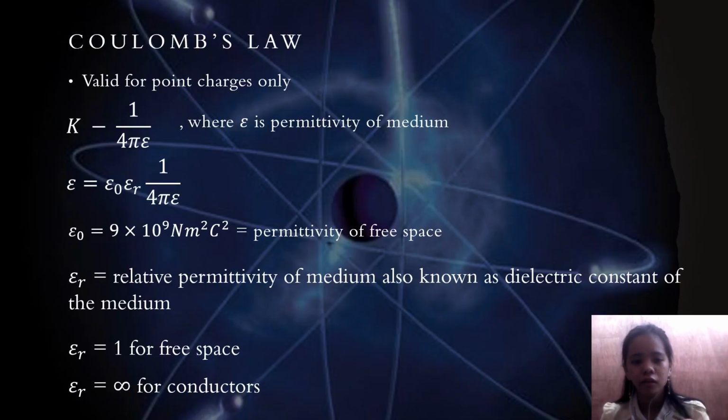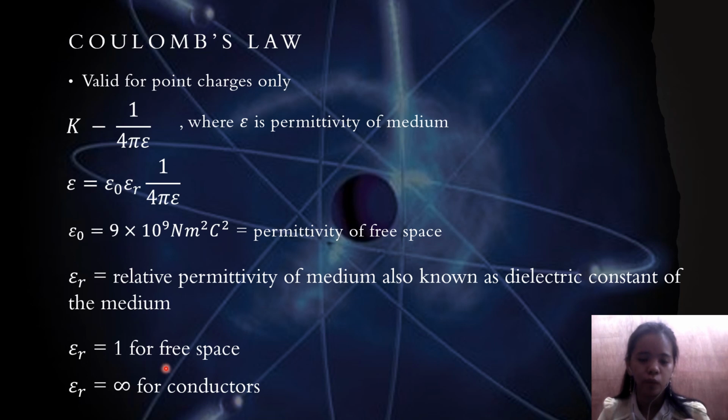Coulomb's law is valid for point charges only. k is equal to 1 over 4 pi epsilon, where epsilon is the permittivity of the medium. This is the permittivity of free space. Epsilon r is the relative permittivity of the medium, also known as the dielectric constant of the medium.